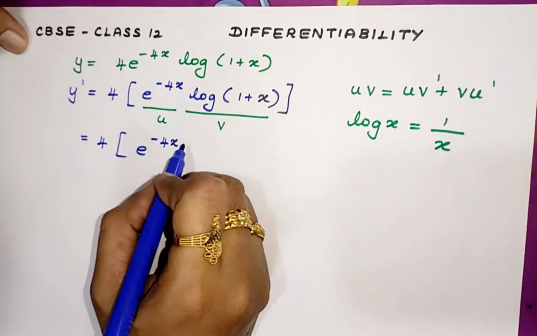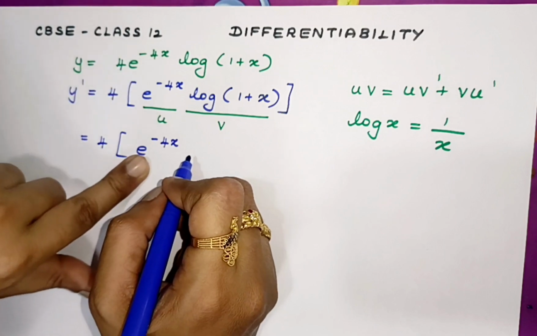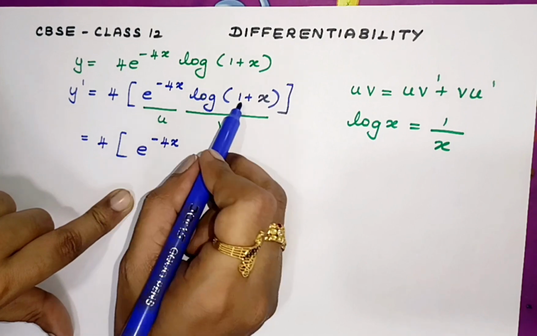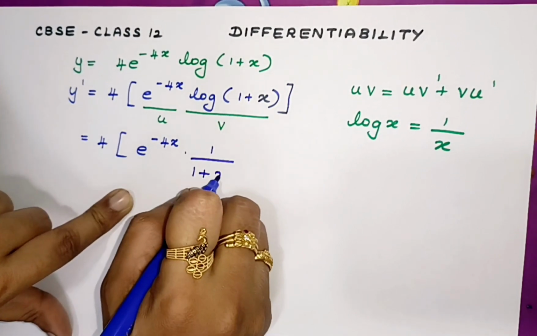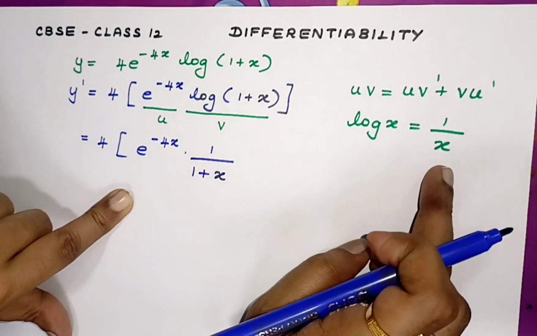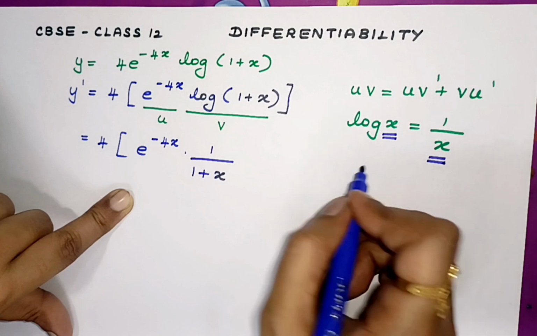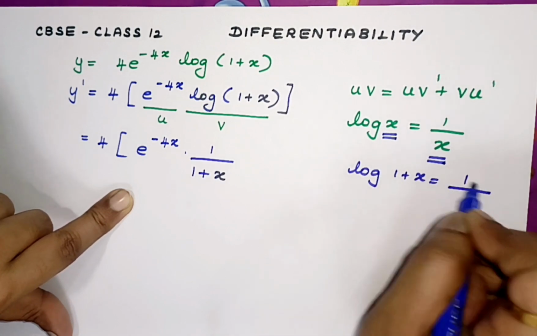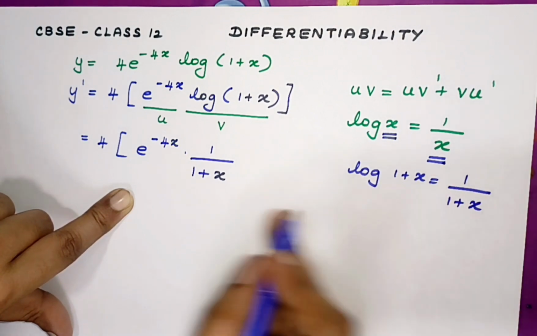So we are going to differentiate now. We have kept this e power minus 4x as constant and now we differentiate log of 1 plus x. That means 1 by 1 plus x. See, here there is x and in this denominator also x. If I take log of 1 plus x, it means 1 by, in the place of x we keep this 1 plus x, that's all.